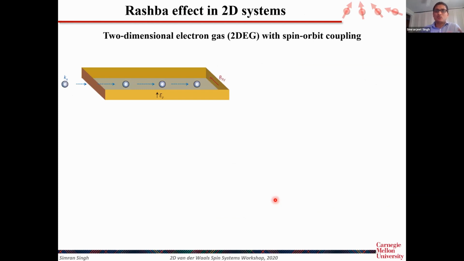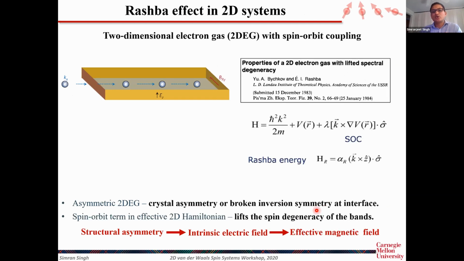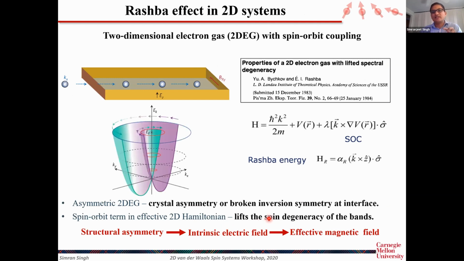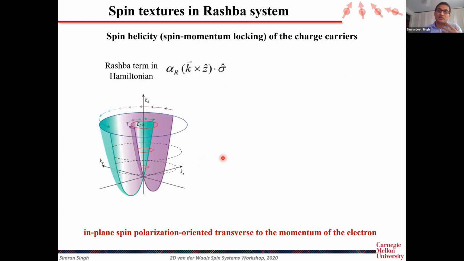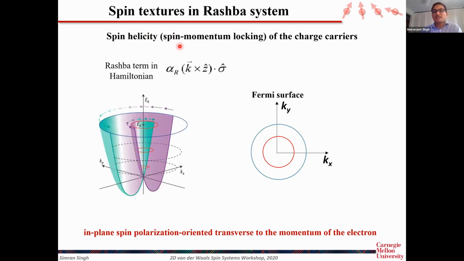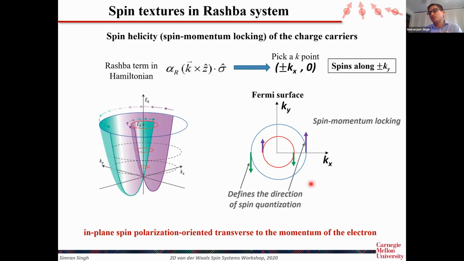So let me briefly mention what the Rashba effect is. If you have any two-dimensional system, either due to crystal symmetry or broken inversion symmetry at the interfaces, it can lift the spin degeneracy of the bands, and these bands in this kind of system have spin textures, particularly something called spin helicity or spin momentum locking, where the in-plane spin polarization is oriented transverse to the momentum of the electrons.